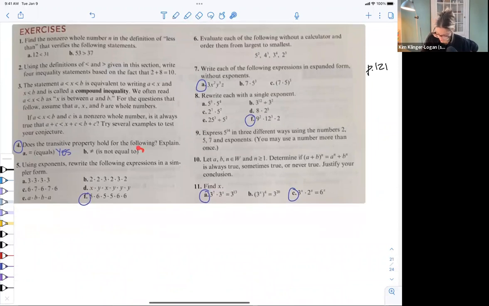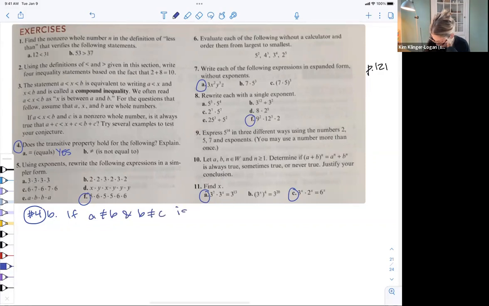The question also asks about part B, what happens with inequality, if not equal to is transitive. So number 4B is asking, if A is not equal to B and B is not equal to C, is A also not equal to C?